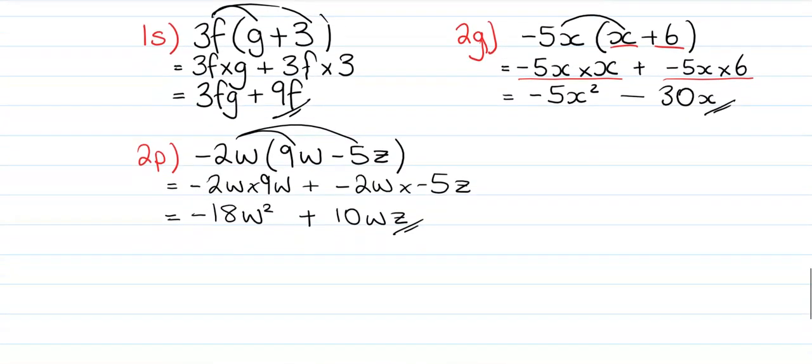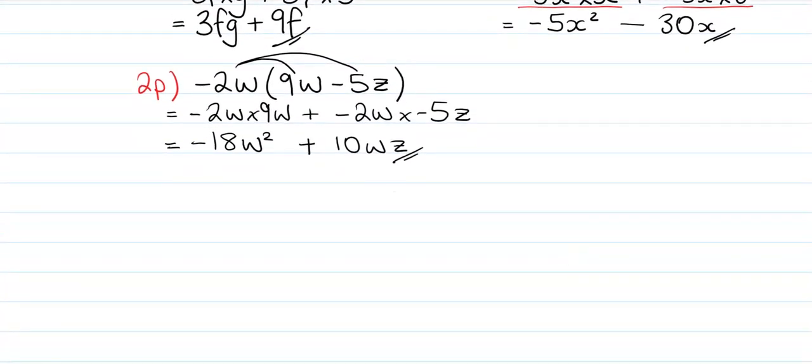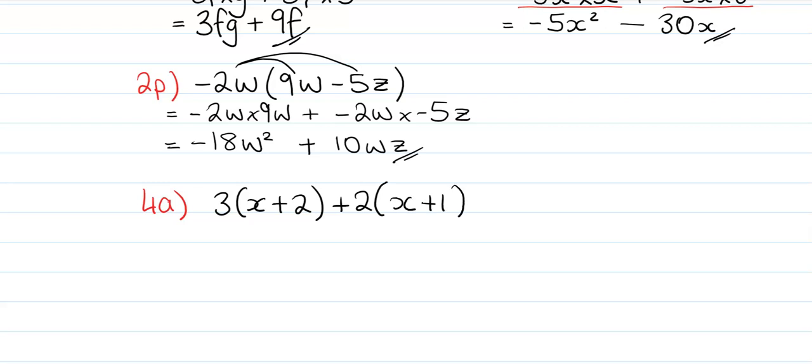Now we're going to put it with a few other little skills as well. So this is question 4. Do 4a. So 3x plus 2 plus 2x plus 1. Okay, so we need to multiply everything in the brackets by what's attached to the bracket at the front.